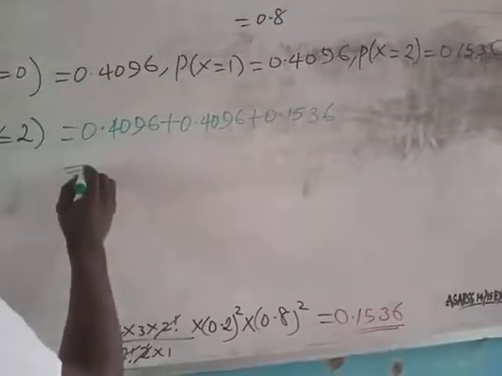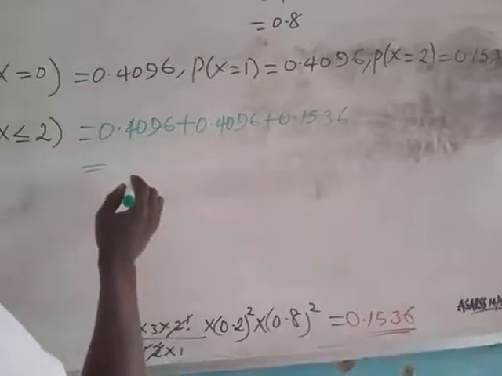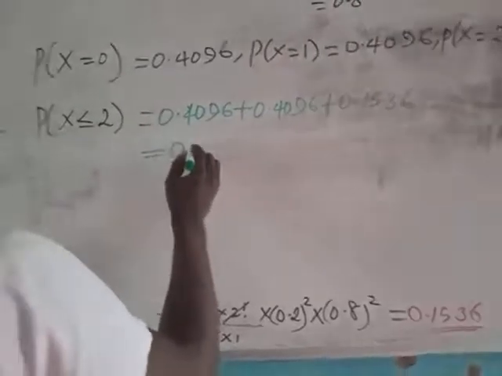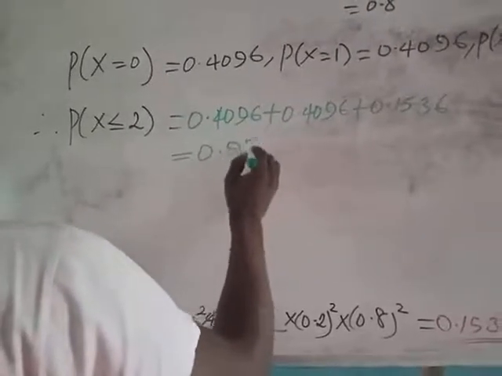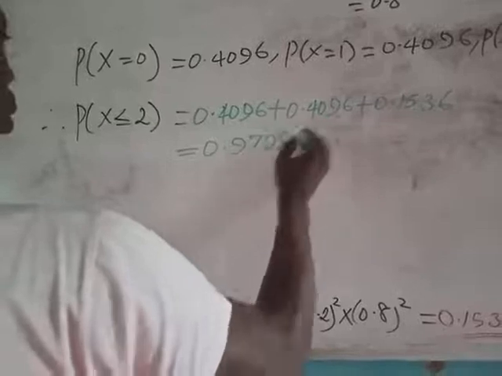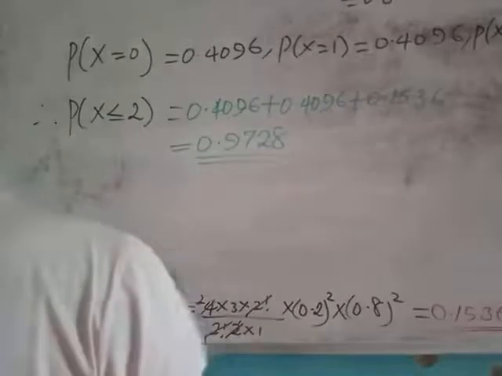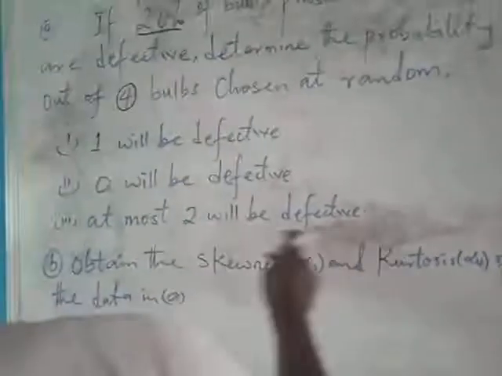And when we add everything, we are going to have 0.9728. So this is the probability that at most 2 will be defective.